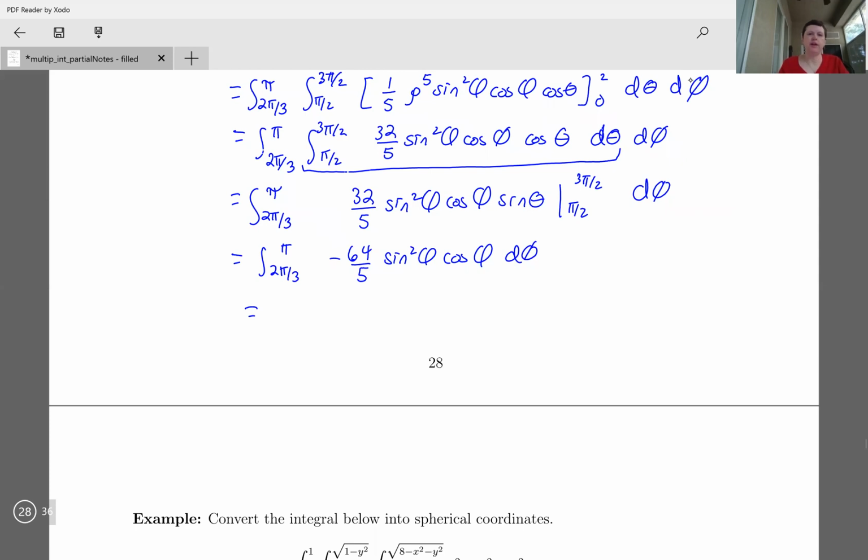You can use a u-substitution, let u be sine squared phi, and if you do that, at the end of the day, you're going to end up with negative 64/15 sine cubed of phi, evaluated at the limits, and that is going to give me 64/15 times the square root of 3 over 2, cubed, which when simplified gives me 8/5 root 3.